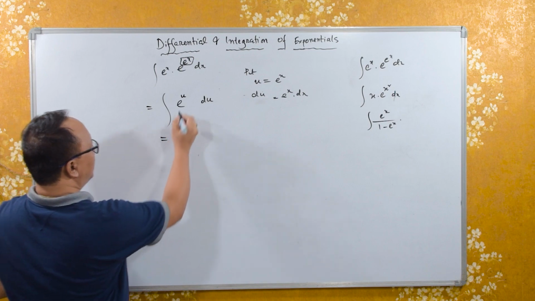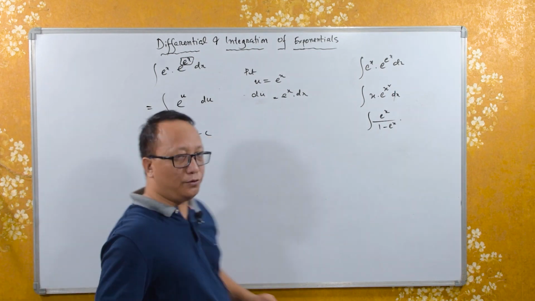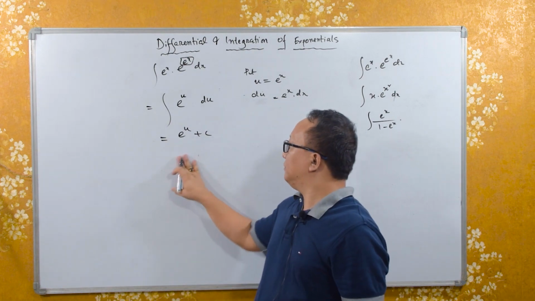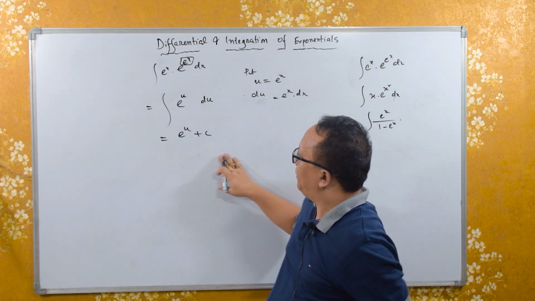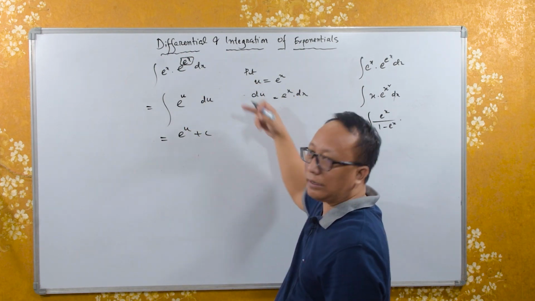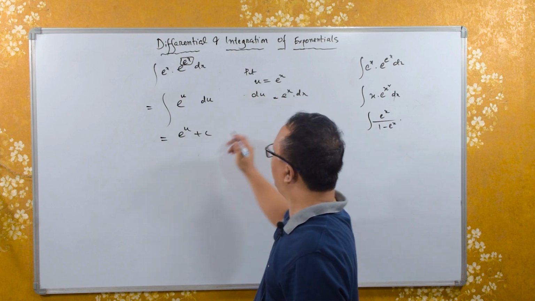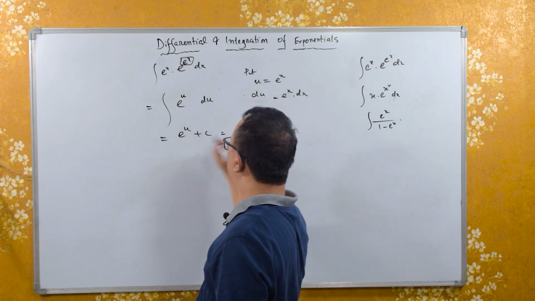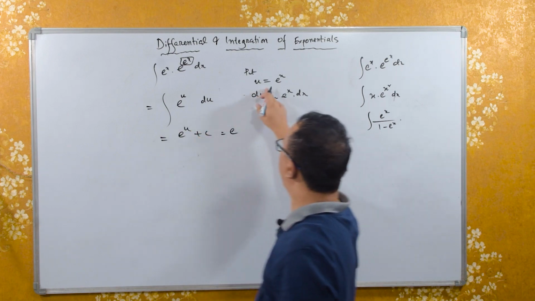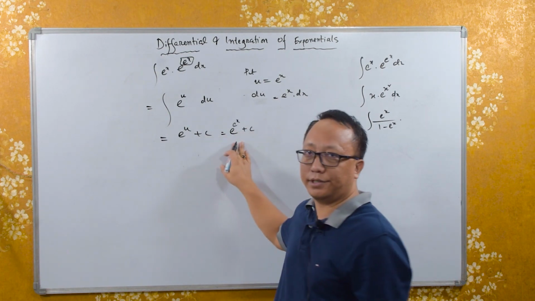Now integration of this is e raised to u plus c. If you stop here, then that will be a wrong answer, because u we don't know. You already substituted u, you have to come back into the variable x. Therefore this will be e raised to, what is u? u is e raised to x. So e raised to e raised to x plus c. This is the required answer.